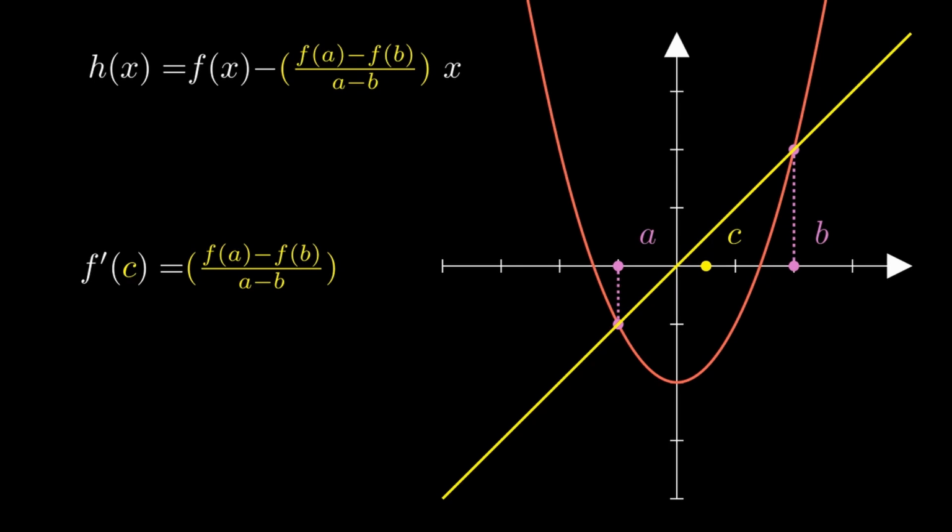Now, if we draw the tangent line at the point f of c, we can see that this line is parallel to our line between f of a and f of b. Therefore, our conclusion makes sense graphically.